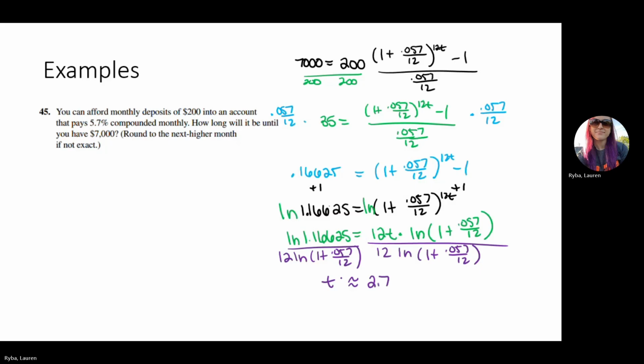Now, that is in terms of years. We'll figure out how much that is in months, but I'm also going to show you how our Desmos calculator helps us with this process.